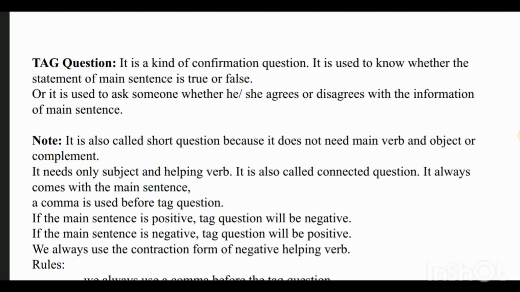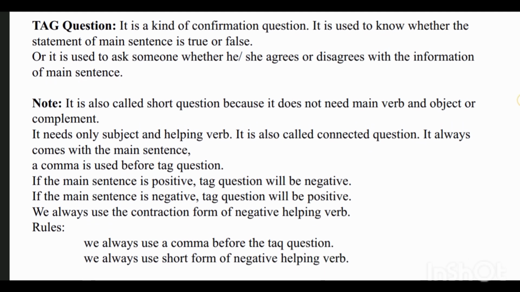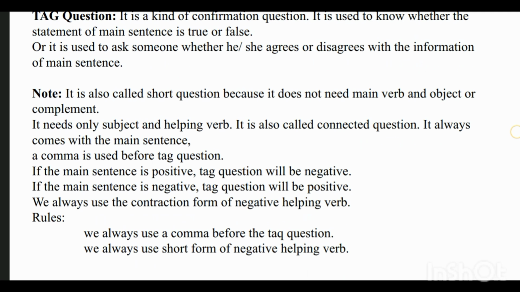And we always use the short form of the negative helping verb. The rules: we always use a comma before the tag question, and we always use the short form of the negative helping word.